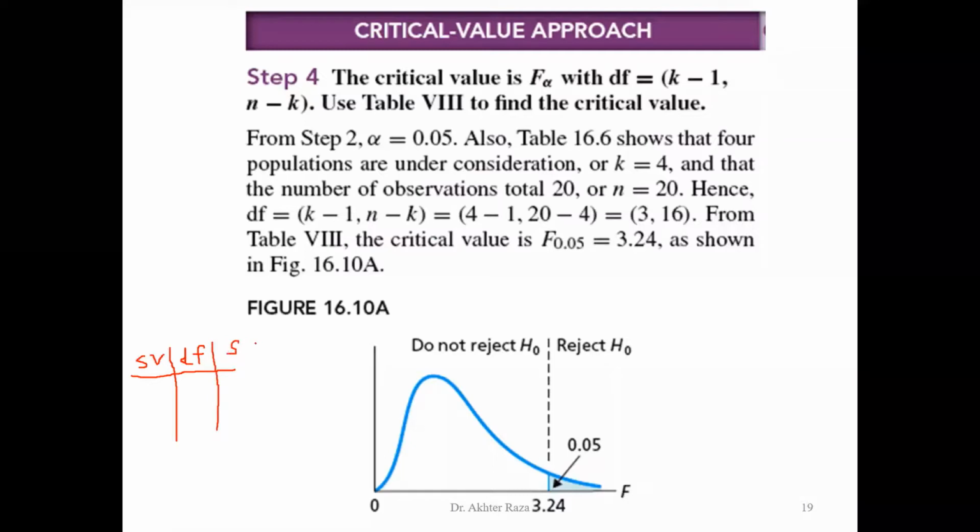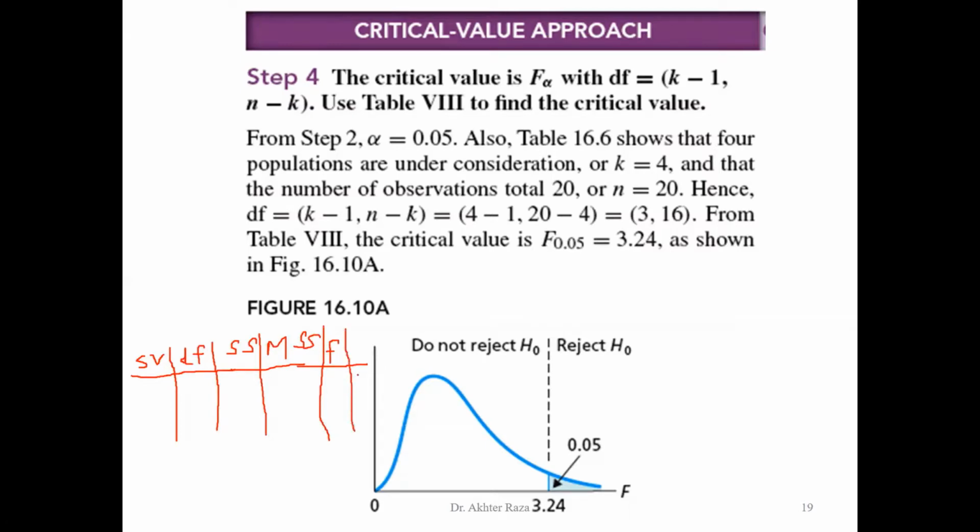The next column is the column of variance, MSTR. This is called MSS, mean sum of squares. Mean sum of squares is actually the variance. After computing mean sum of squares, we have the F ratio. If we are doing it by software, then the last column contains the p-value.